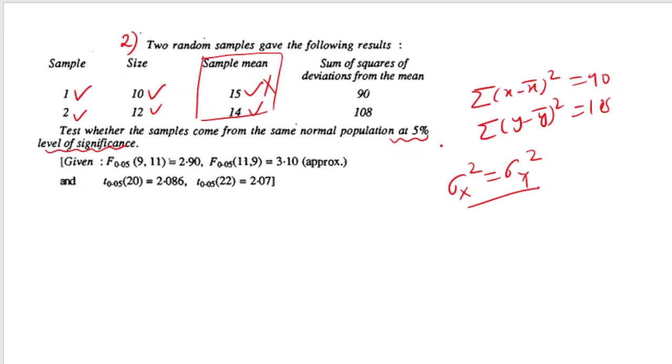If this information is also given, then to be more sure whether the two samples are coming from the same population or not, we will compare the sample means also, and we will apply the two sample T test. We have studied that, if you remember, in the previous video. And the information for F and for T is provided to us. So once I will show it to you.